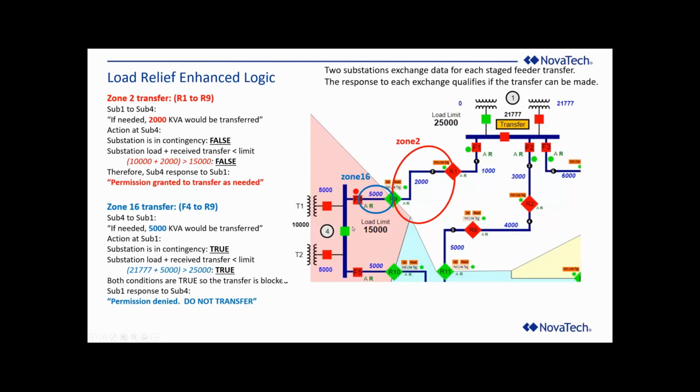If it were going to receive load from substation 1, it would be receiving this 2,000 kVA. 2,000 plus 10,000 is 12,000. That's less than 15,000. 2 healthy transformers. Everything's fine. Go ahead and transfer the load as needed, is the message that we send back from substation 4 to substation 1.